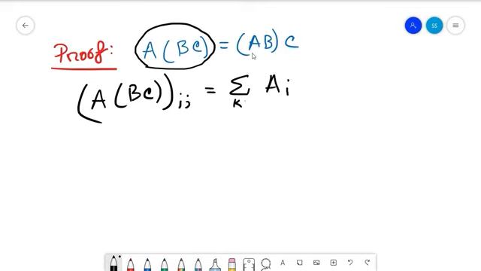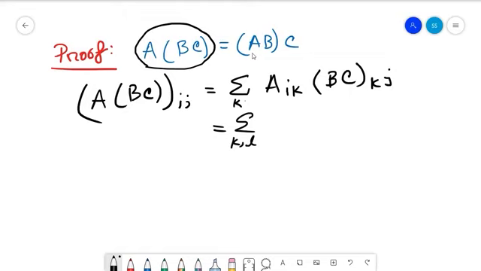And then similarly I have to break down this BC into components as well. That is, I want to decompose the component of B times C into the individual components of B and C. So how do I do that? Again, write another dummy index, l.